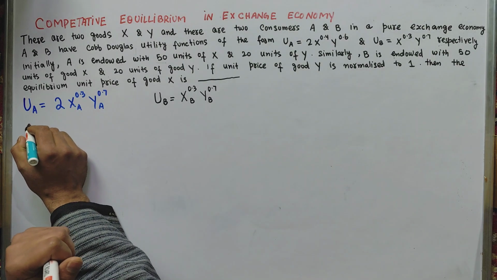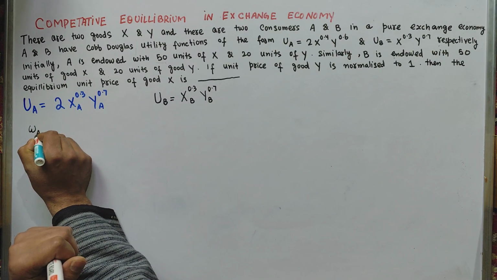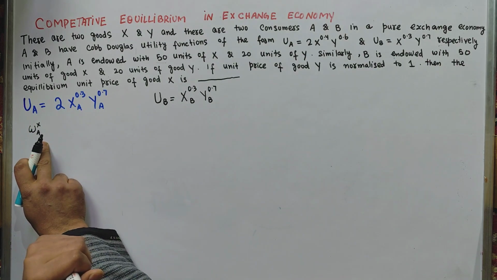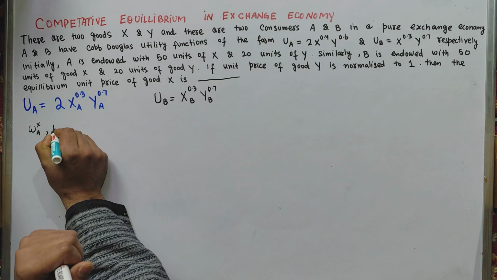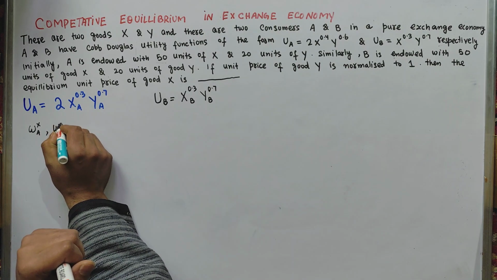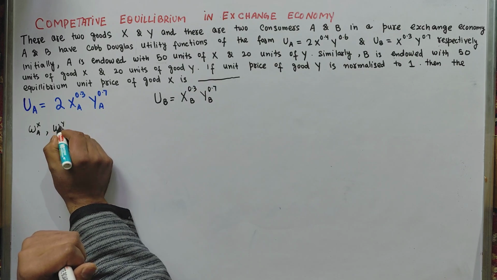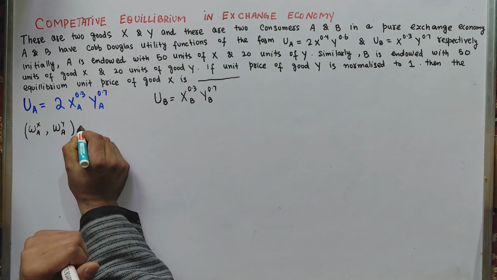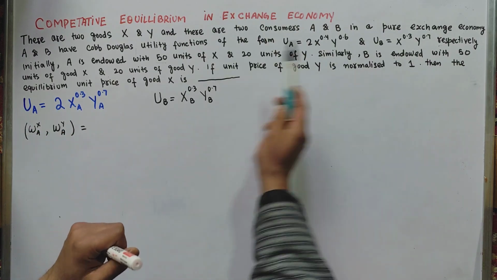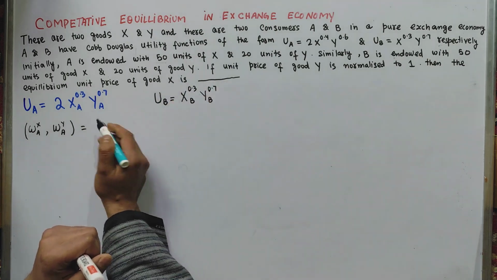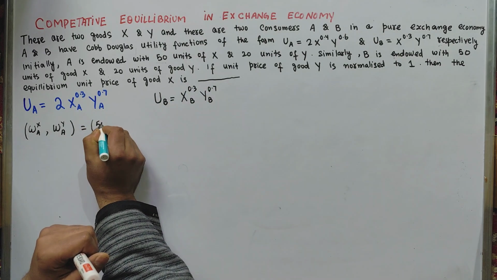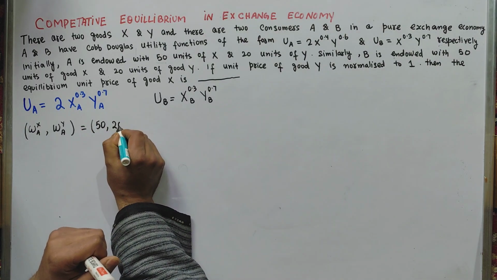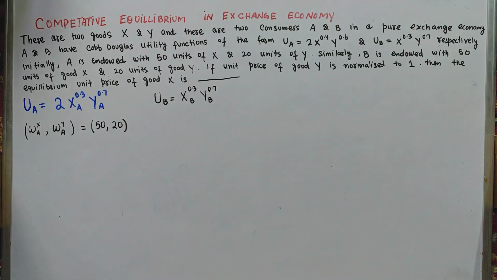Let's denote it by W subscript X, that means the endowment of good X of consumer A, comma, the endowment of good Y by consumer A. A is endowed with 50 units of good X and 20 units of good Y. So this is the endowment bundle of person A.